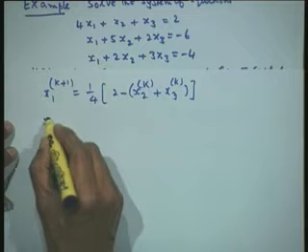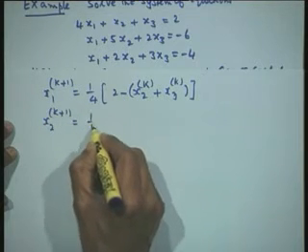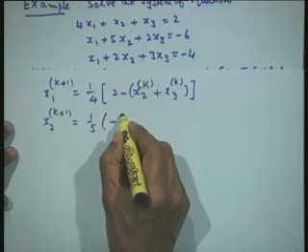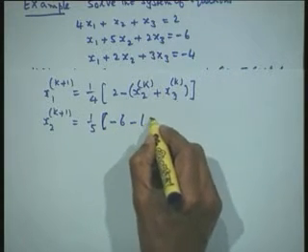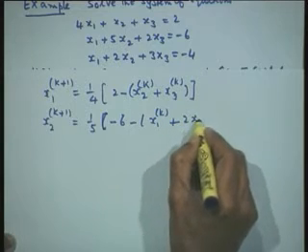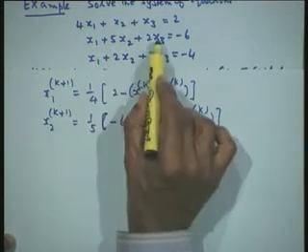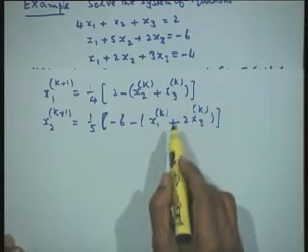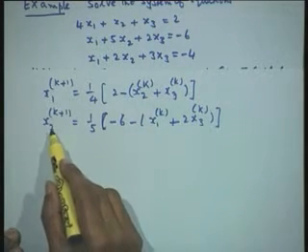The second equation gives x 2 k plus 1 is 1 upon 5 times minus 6 minus x 1 k plus 2 x 3 k. So, x 1 and 2 x 3 are taken to the right hand side, these are the previous iterated values and the current iterate is here.